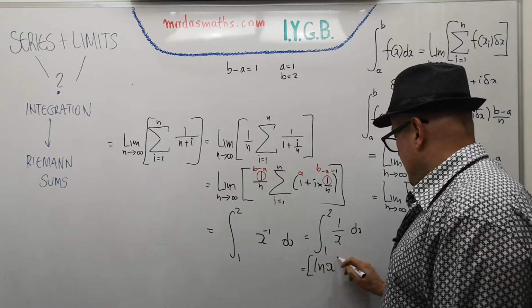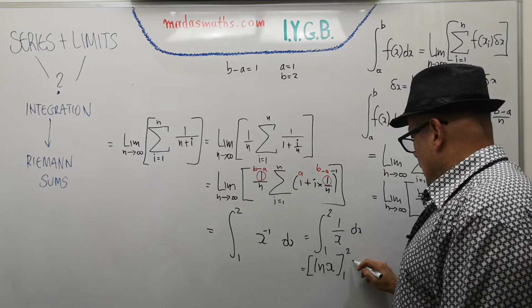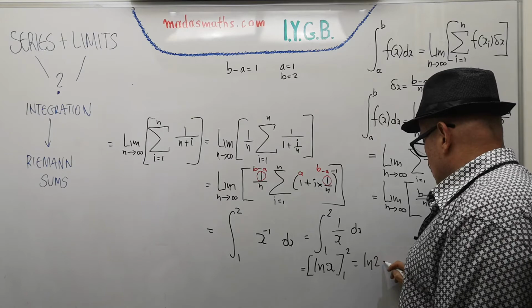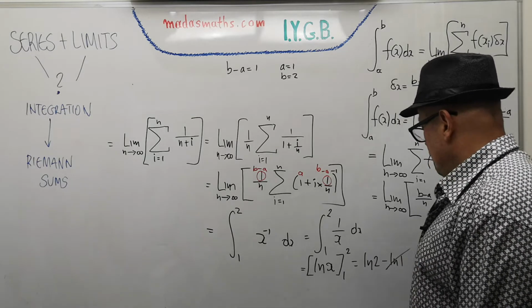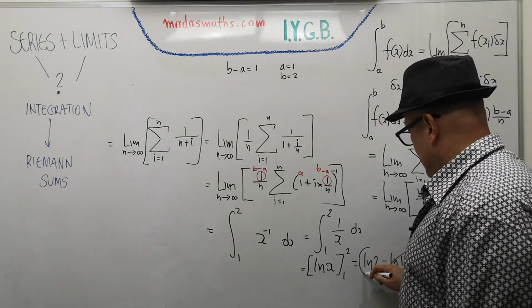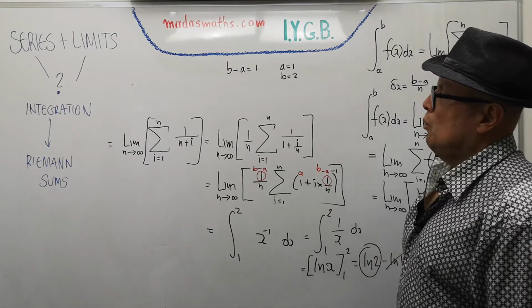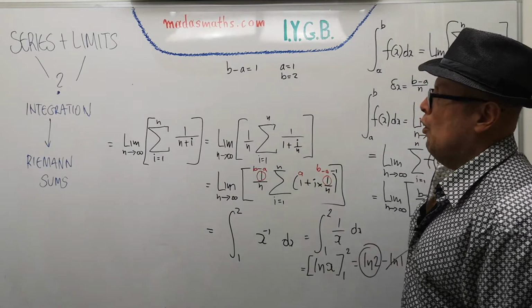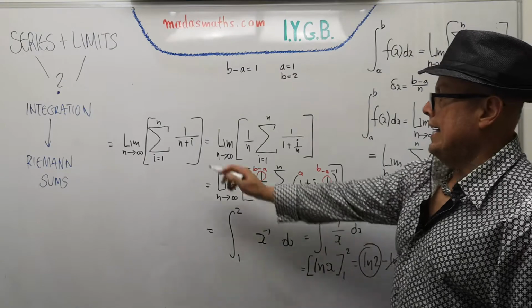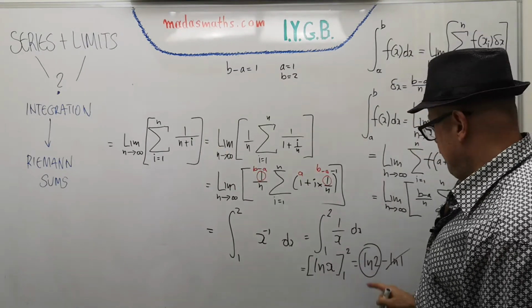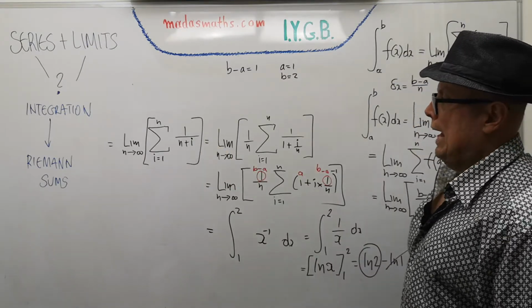I'm not going to put mods because the limits are both positive. 1 to 2, which will give you log 2, take away log 1, and the log of 1, of course, is 0. So in fact, the quantity that we're trying to find, the limit of this series as n tends to infinity, is in fact log 2.